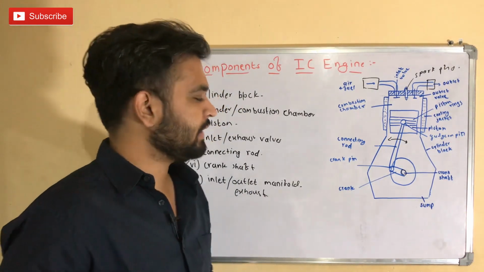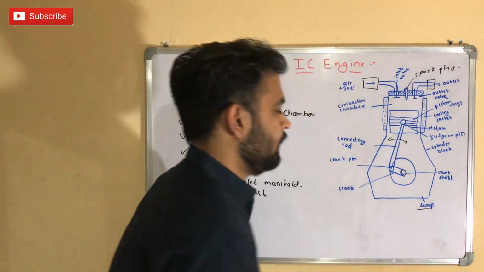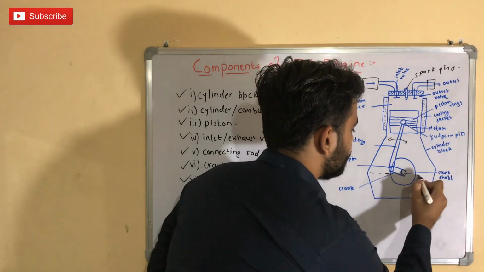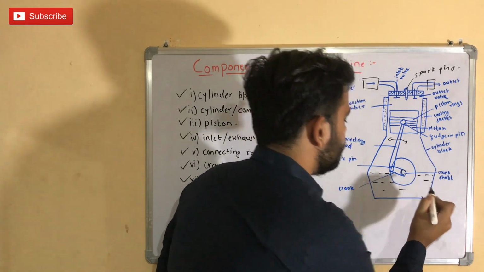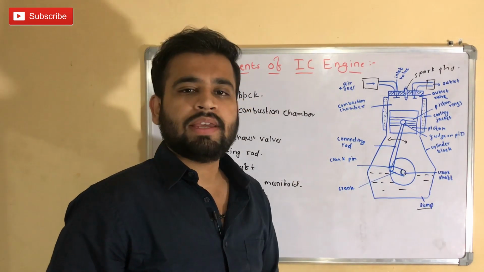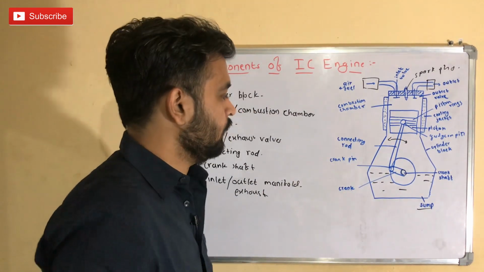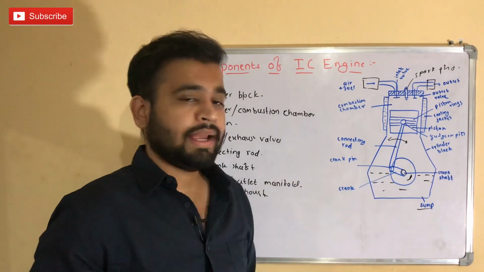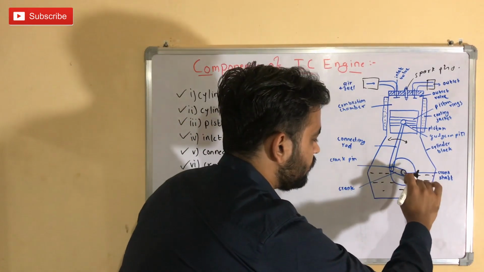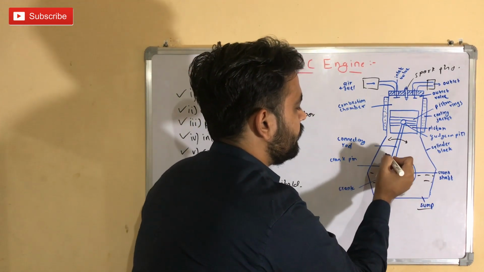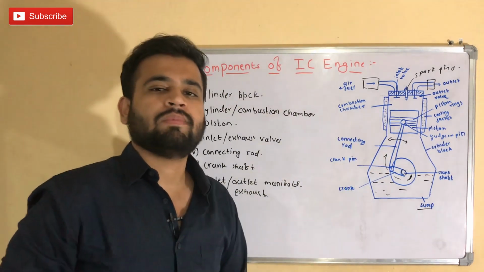There is one component that is left, which is the sump. The sump is nothing but a tank which contains the lubricant. This lubricant is provided to the moving parts of the engine to reduce friction. There is a protrusion provided on the crank, and because of this protrusion there is a splash, so the lubricant is splashed onto the moving parts of the engine.